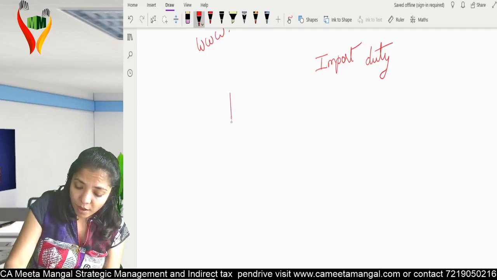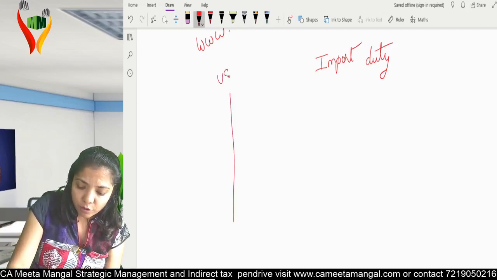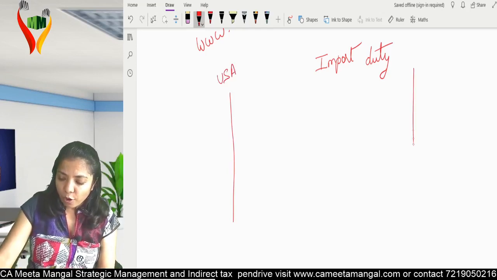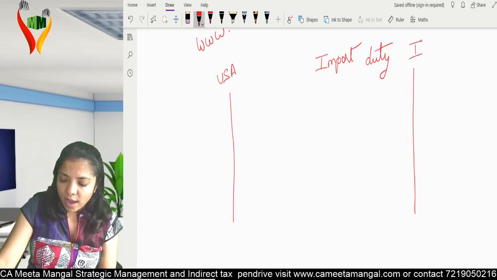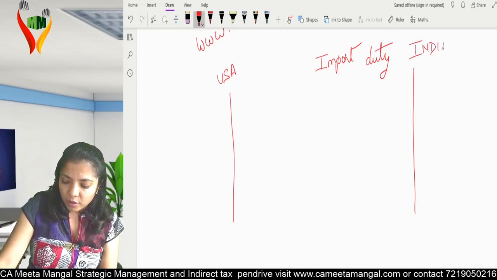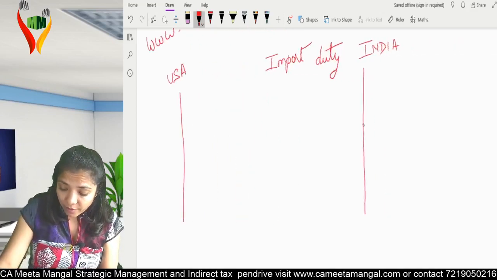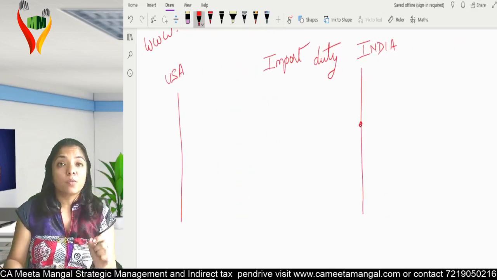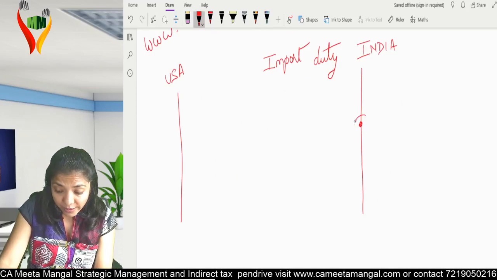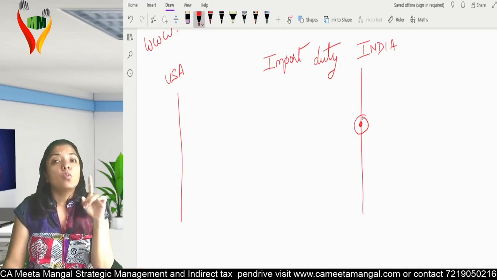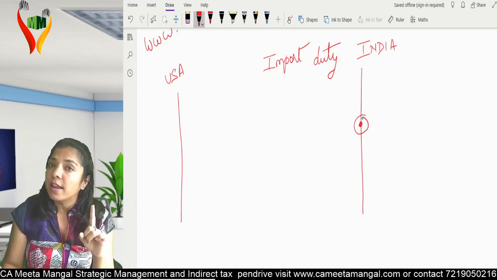Now assume I have imported goods from USA, and the goods are coming to India. At this point, when the goods have come to India, what is the value of the goods? On that value, we will be paying custom duty.